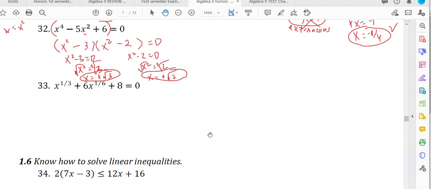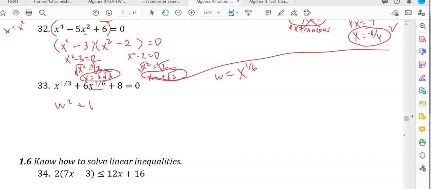Let's try the W method here. So whatever that middle term is, if it looks quadratic in nature, we're going to make that W. So W equals x to the 1/6. So now it's going to be W squared plus 6W plus 8 equals 0. Treat it like a quadratic, factor it. So this should be pretty easy factoring. W and W, 4 and 2.